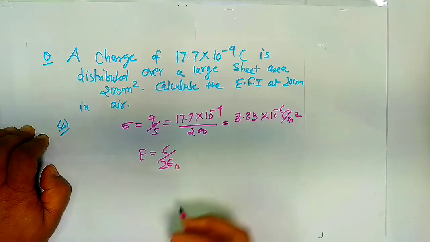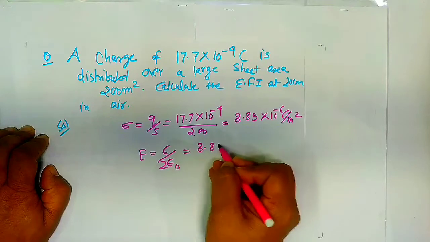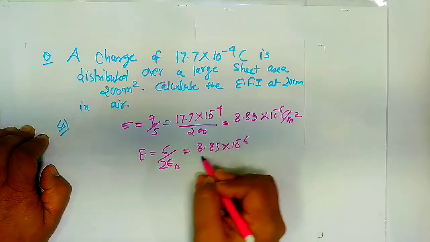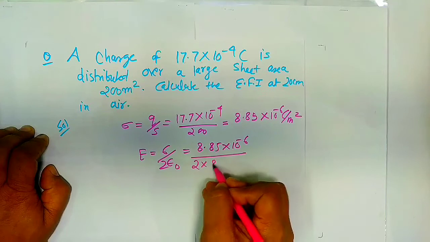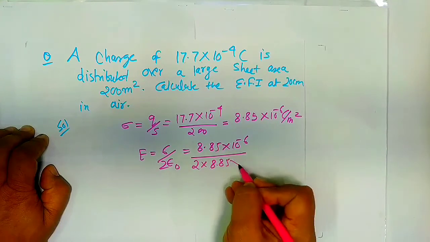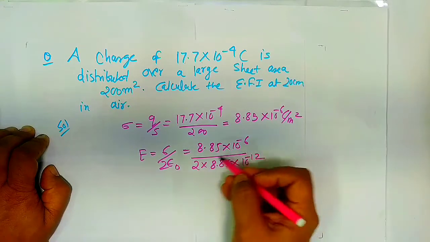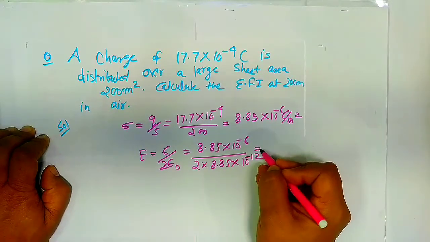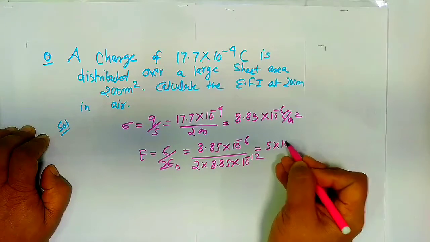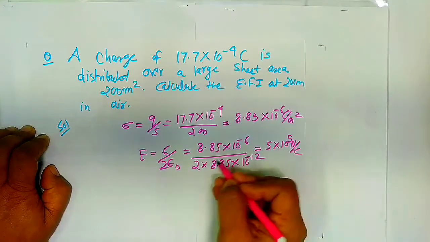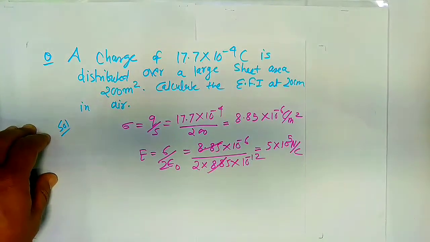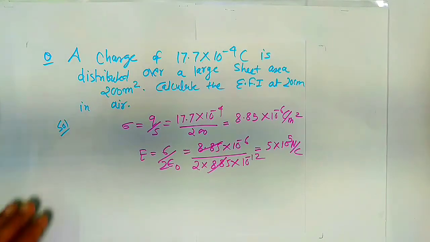We put the value of sigma and then 2. Epsilon naught all of you know, remember it, 8.85 into 10 to the power minus 12, permittivity in air medium. If you calculate it, it becomes 5 into 10 to the power 5 Newton per coulomb. So this is the answer for this numerical.